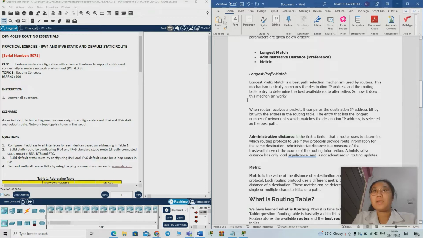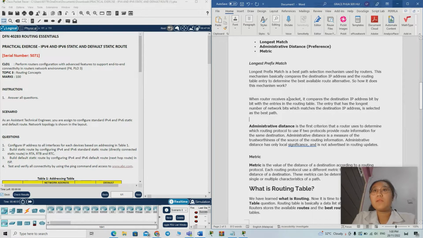So how does the mechanism work? When the router receives a packet, it compares the destination IP address bit by bit with the entries in the routing table. The entry that has the longest number of network bits which match the destination IP address is selected as the best path.